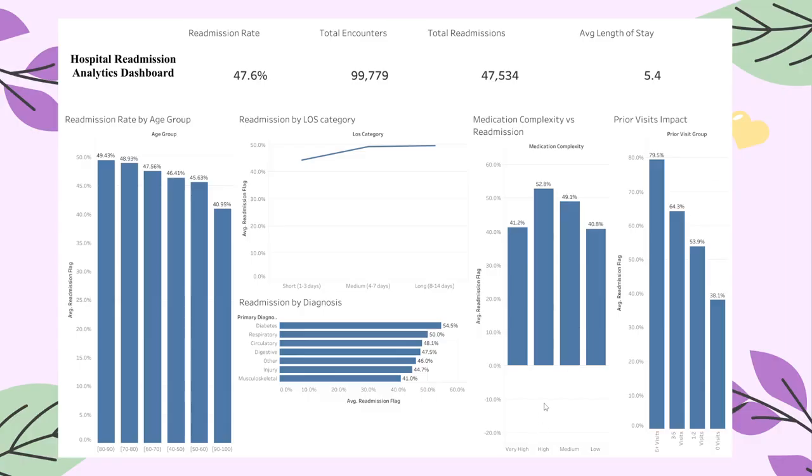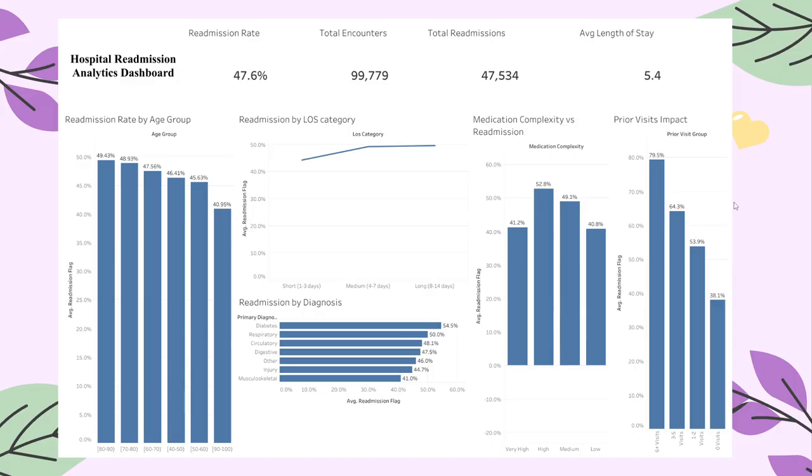Cancer is a very high medication complexity. The reason they want them to keep readmitting, though, is to keep getting more money over time. Whereas if they were dying from cancer, they'd probably give them more of an antidote to cure them, but not cure them 100%. But there's a chance that it could cure them 100%, so that's why they don't readmit as much. That's my working theory, at least.